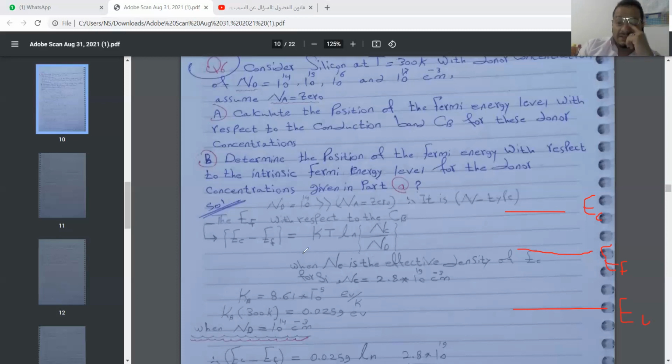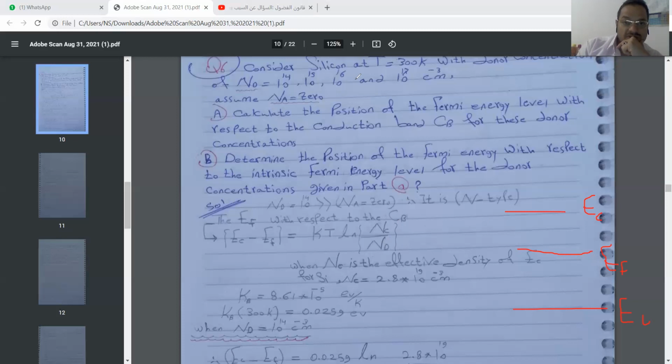Equal KT, that means Boltzmann constant, T temperature, ln effective density of conduction band divided by ND, the donor concentration at the conduction band. Here NC is constant at room temperature, but if the author changes the temperature, we must calculate this result again. Okay. In N-type, ND equals n naught, because here the electron concentration will be the majority.